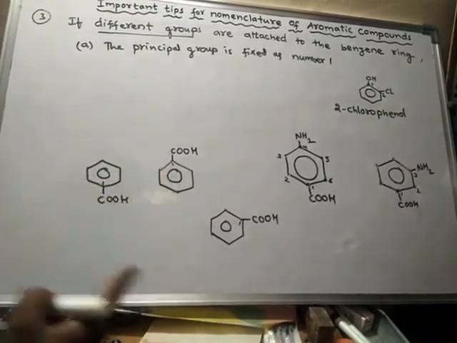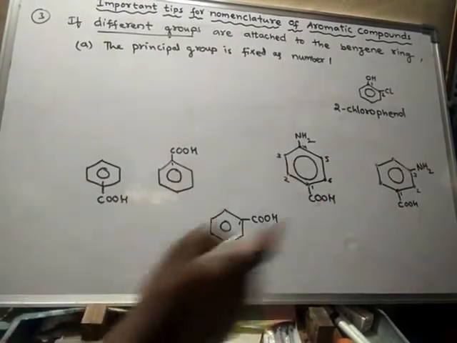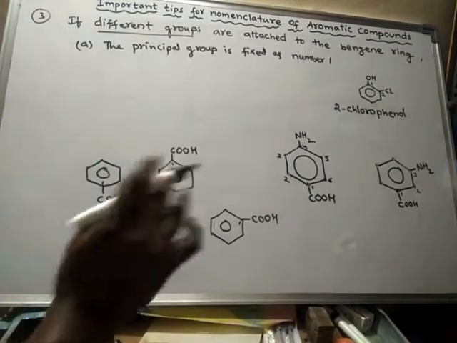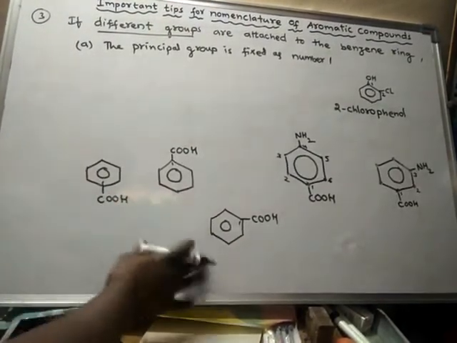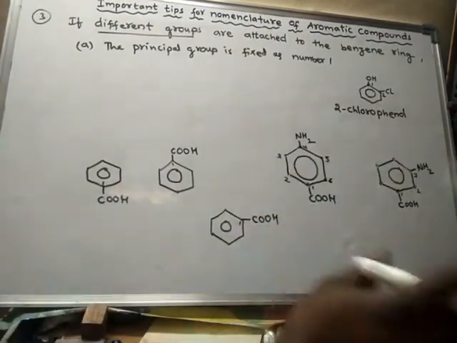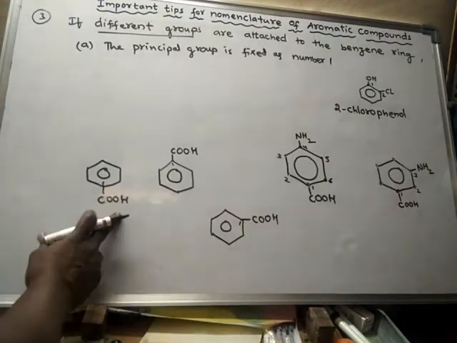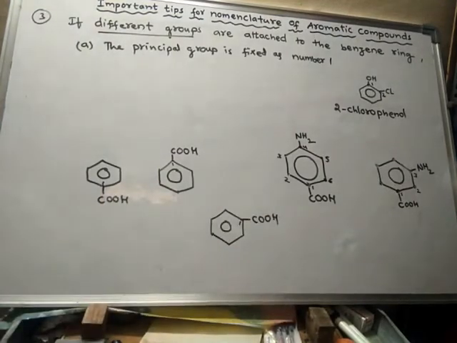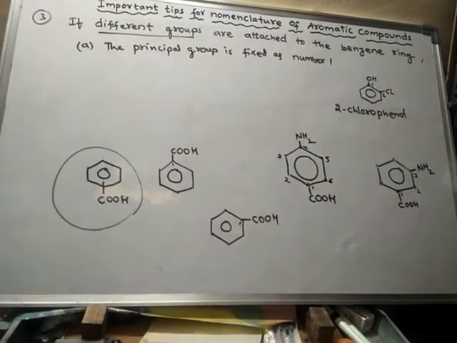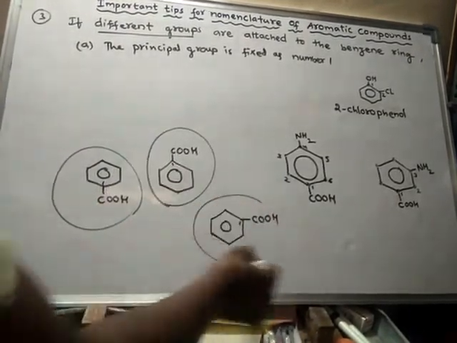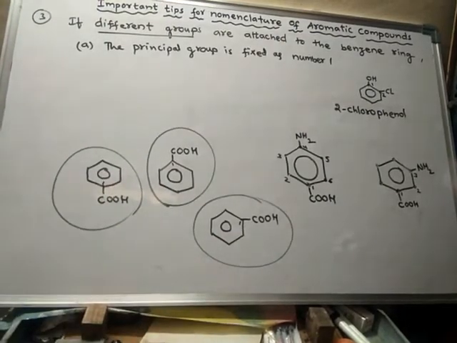If only one substituent is present on the ring, wherever it is placed, there will be only one compound, so these are the same compounds. What is the name of this compound? Benzoic acid. This is also benzoic acid only.